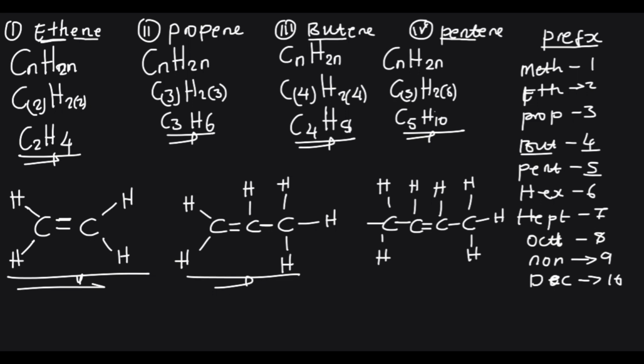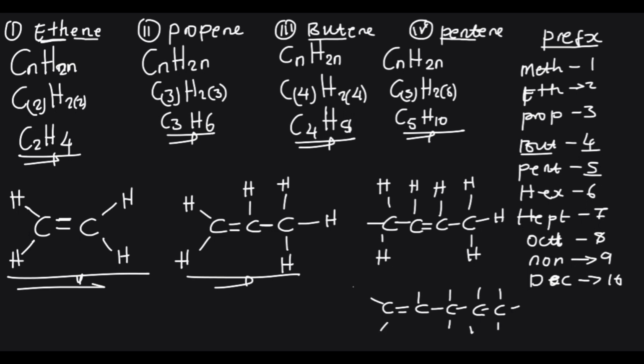Now, from there we can draw the structure. So here we have carbons 1, 2, 3, 4, 5. We can put our double bond here. So this one has 4 bonds also.